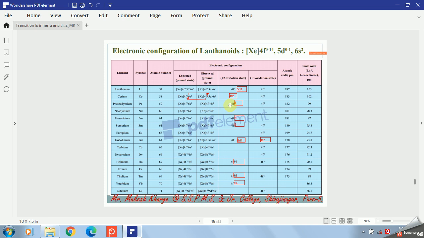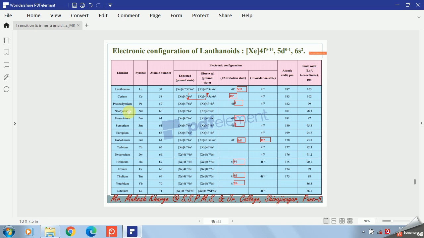And if it donates 1 electron from 4f3, then it shows Pr3+. So the Pr3+ electronic configuration is xenon 4f2. Atomic radius is 182 and ionic radius is 99. Then next is neodymium.